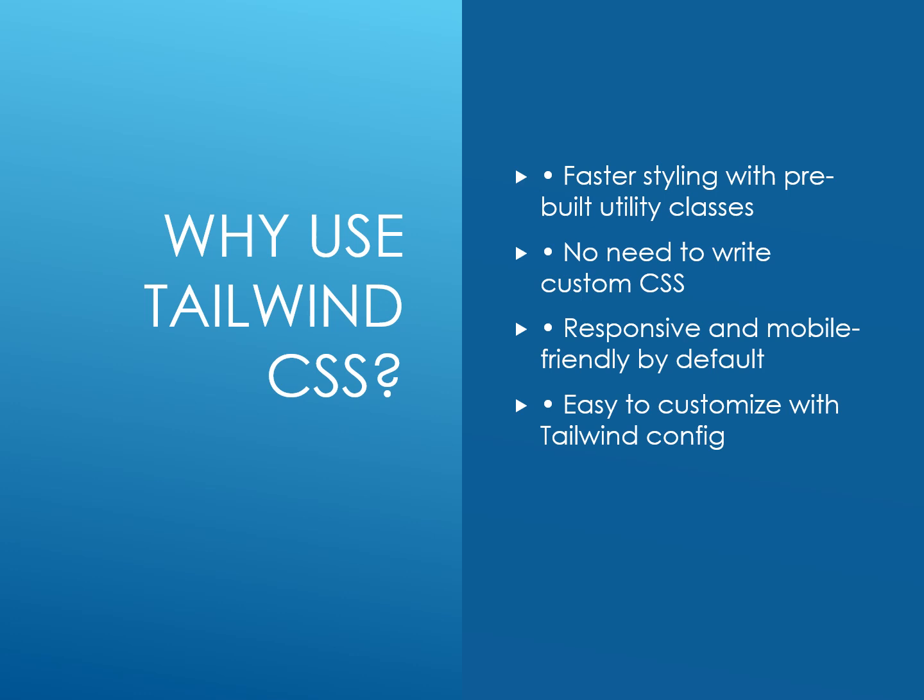And with Tailwind CSS, making a web page responsive and mobile friendly is easier because there are built-in classes like: for a small screen use the SM class, for a larger screen use the LG class, for a medium screen size use the MD class.